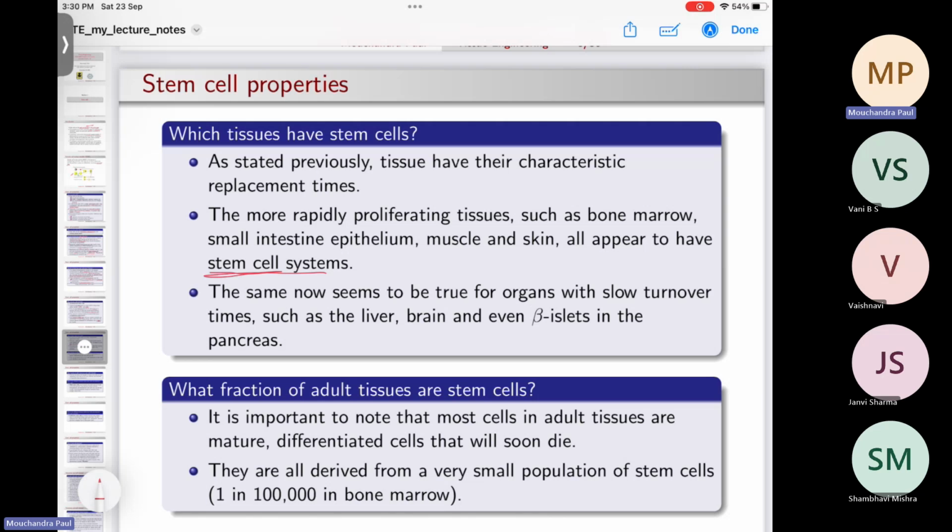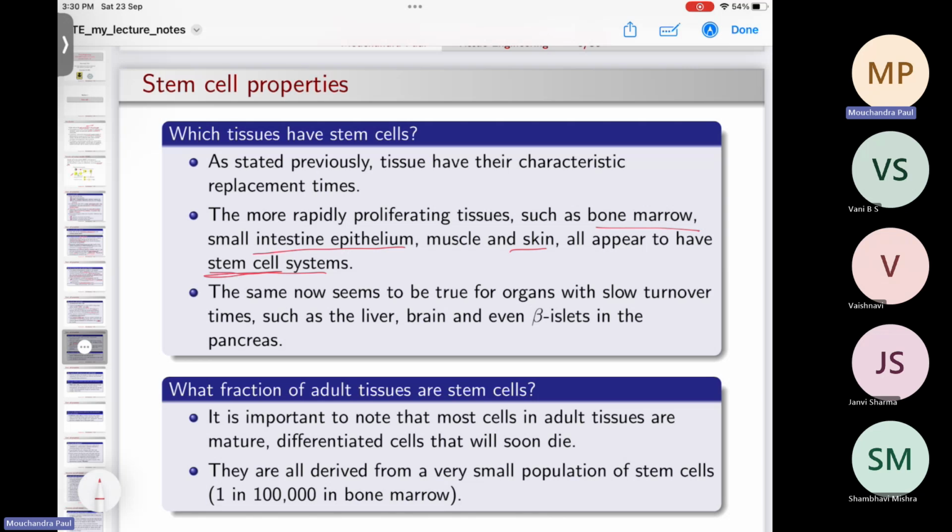This seems to be true for almost all organs in our body. People proved it for bone marrow, skin, small intestine, and muscle. But the organs which have a very slow turnover time, like the liver, which takes more than a year to remove the old cells.